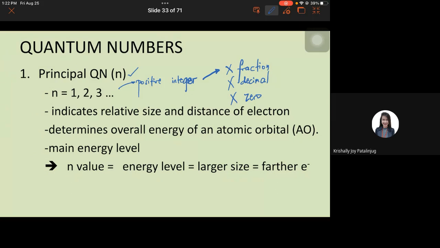So what's the importance of the principal quantum number? It describes the main energy level, or the highest energy level of an atom. Or when you say highest energy level, it describes the last shell surrounding the nucleus of an atom.